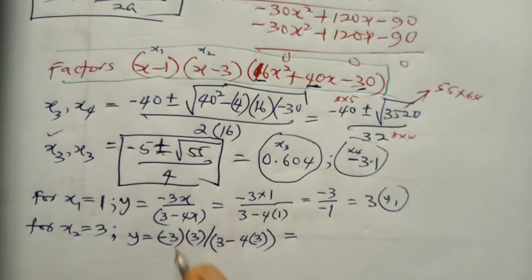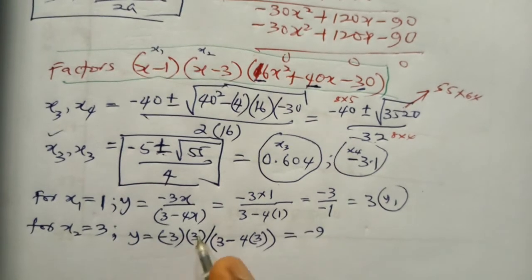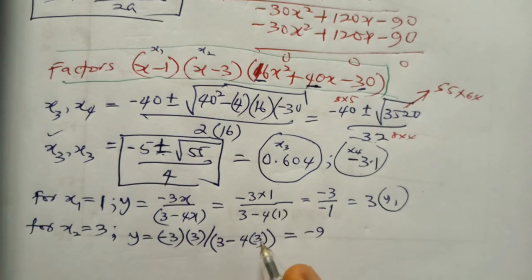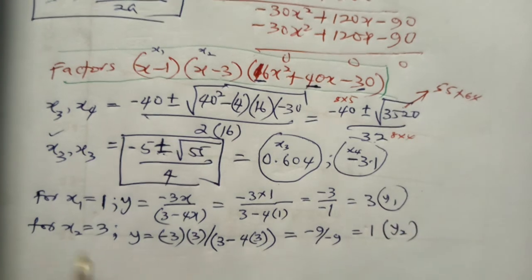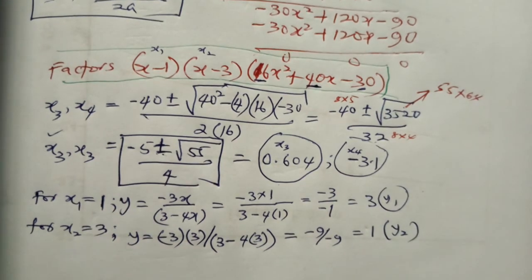So that is minus 9 over 3 minus 12, which is minus 9. So minus 9 over minus 9 is equal to 1. So our y2 is 1 when x2 is 3.